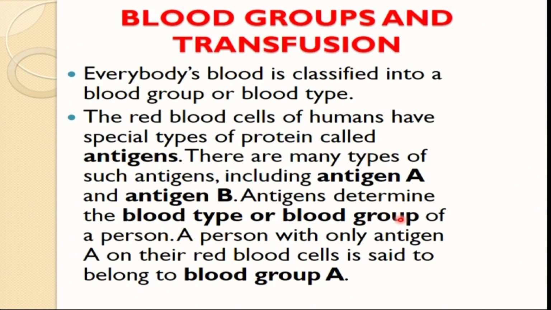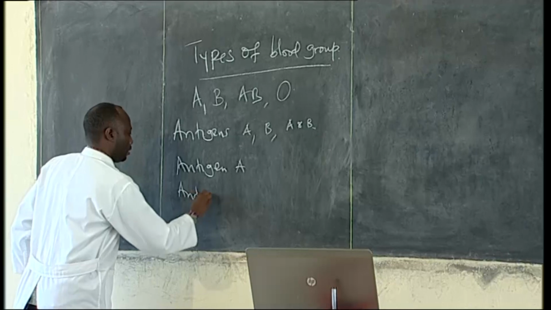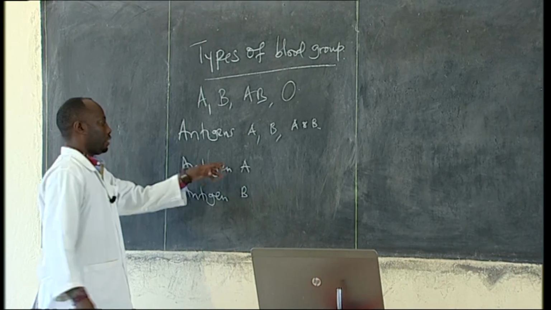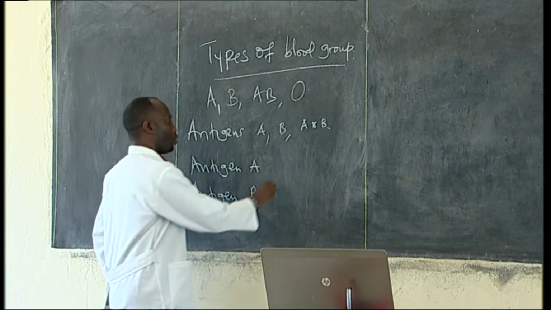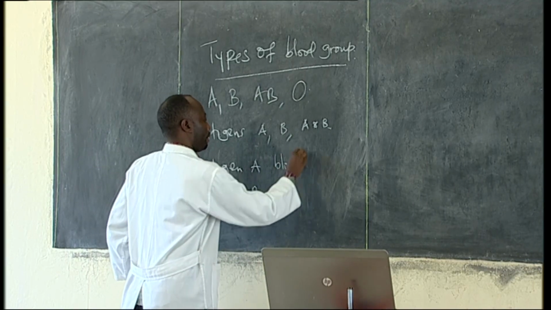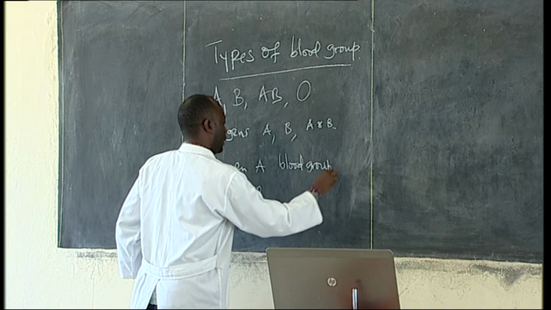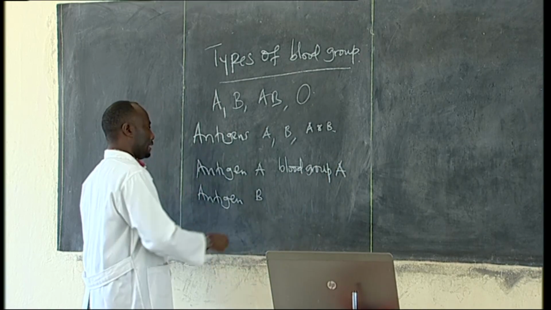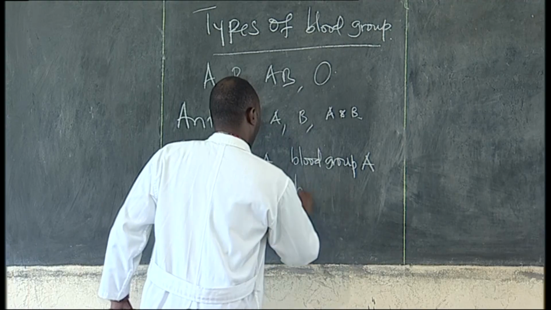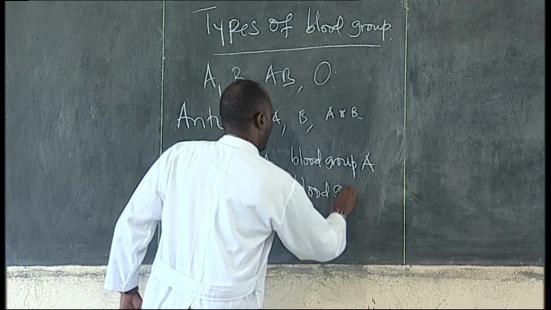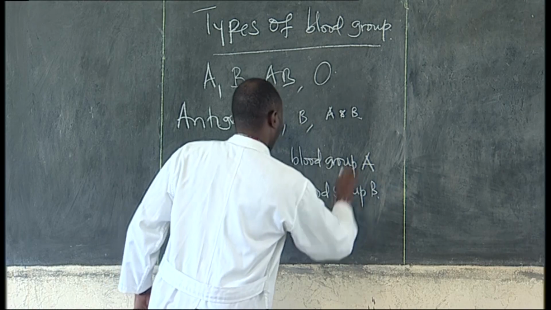A person with only antigen A on their blood cells is said to be blood group A. If I have antigen A, another person must be having antigen B. Eventually, a person with antigen A must be having blood group A. A person with antigen B must be having blood group B. All right?